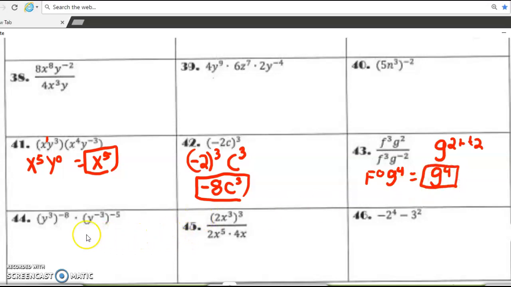Next one, we've got 2 rules here. We've got the power of a power, so let's do that first. So that's y to the 8 times negative 3 is negative 24, and a negative times a negative is a positive. Okay, now we're doing the multiplication rule. Keep the base, add the exponents.